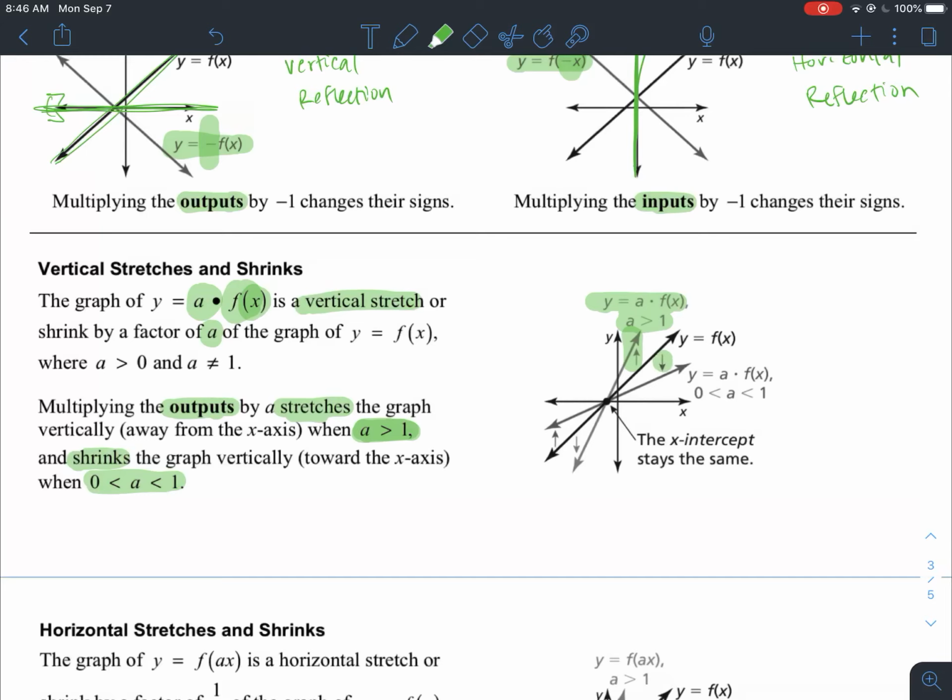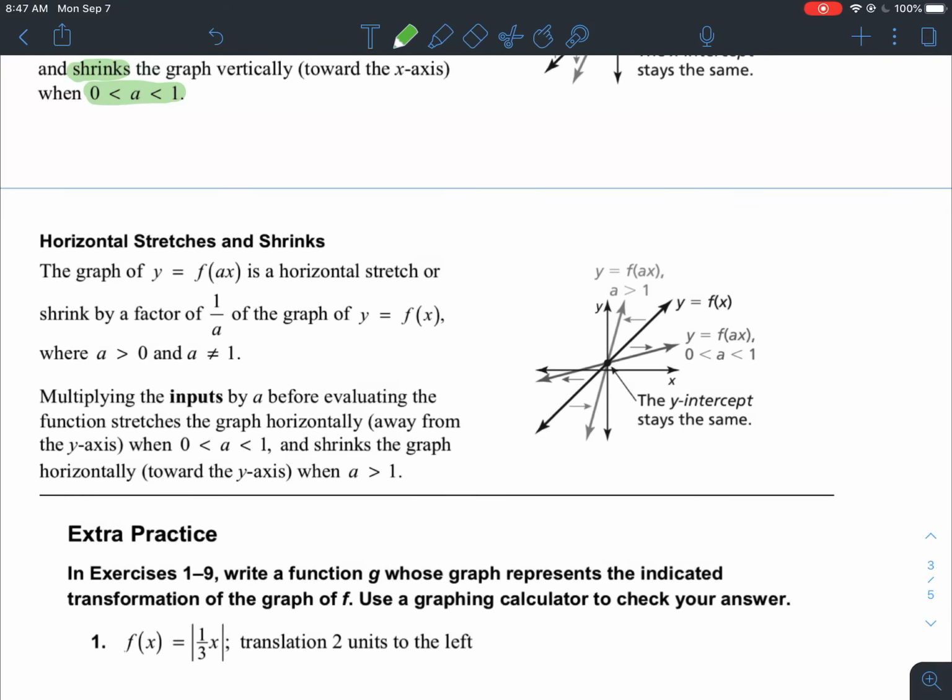Alright, and then you shrink it downwards whenever a is between 0 and 1. So this is a shrink, and this is a stretch. A is greater than 1, it's a stretch, and it's a shrink when a is between 0 and 1.